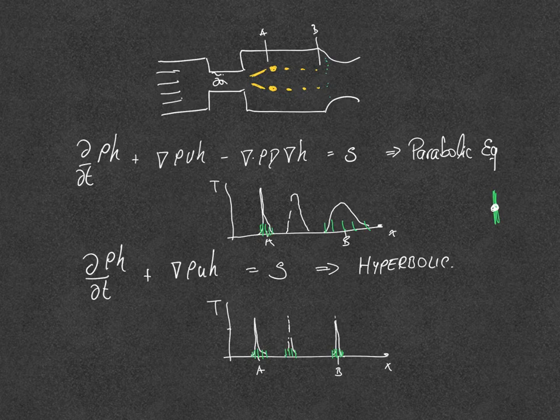So you impose a value, and if the information is only flowing from the left to the right, this information of the boundary never reaches the particles that are actually flowing towards the outlet. This information is never reached because the information is only coming from the inlet to the outlet, from left to right. So when this point arrives at the outlet, you will have a conflict because there are two conditions that need to be fulfilled at the same time, which is impossible, and the solution will crash.